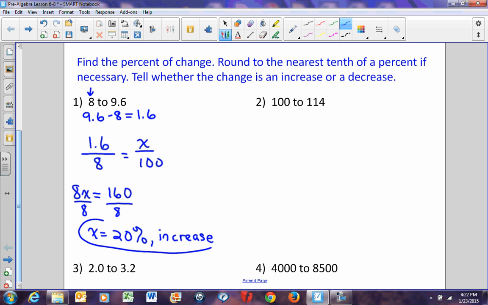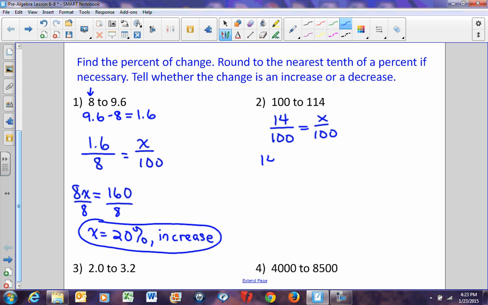Fairly simple process. It's easy to tell if it's an increase or decrease. If your number went up, it's an increase. If your number went down, it's a decrease. Let's look at problem number 2. 100 to 114. The amount of change is 14. We went up 14. The original amount is 100, equals x over 100.